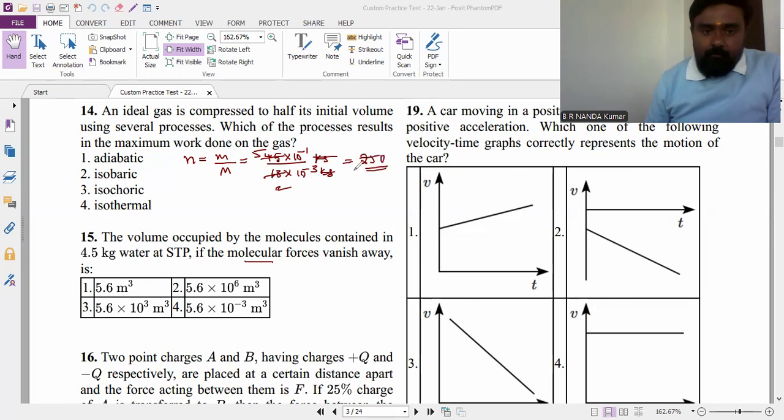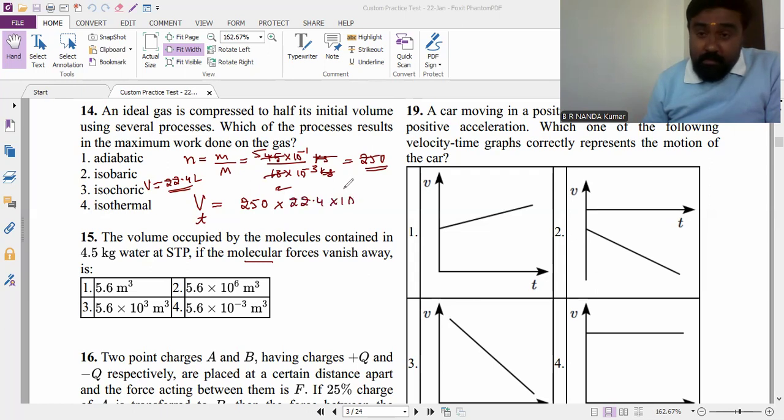So this is the number of moles. Now, 1 mole occupies a volume of 22.4 liter. But here there are 250 moles, so 250 into the volume occupied by each mole, that is 22.4 liter.